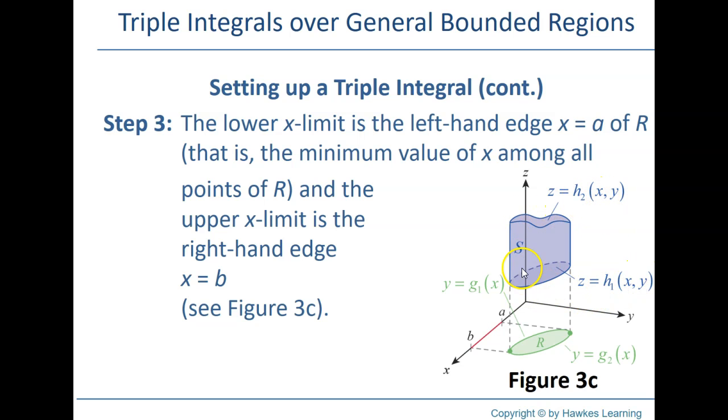For the lower z, it's this function of two variables. And so that's the idea here, is our order of integration. We're going to start off with just constants on the outermost limits of integration. And then we're going to have a function of this outer variable. So y is a function of x. And then here we're going to have a function of the two variables that we've already used so far. We've used x, we used y, so this is going to be a function of x and y.